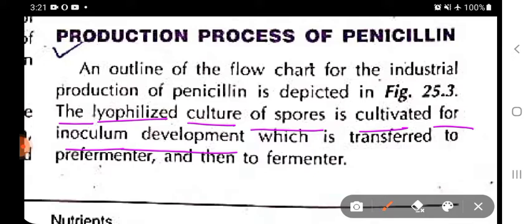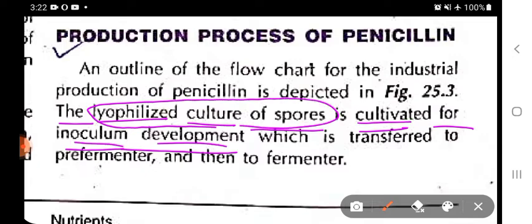We have extracted that culture and we have lyophilized it. We have used cold treatment to remove away the water molecules from that culture so that it can remain for a long period of time. So that lyophilized culture of spores is cultivated for inoculum development.